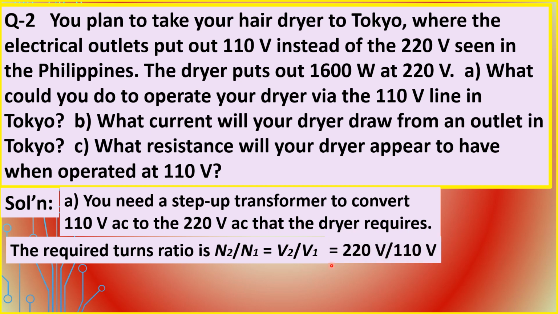That is, N2 over N1 is just equal to the ratio of 220 volts, which is V2, divided by 110 volts, which is V sub 1, and the required turns ratio is therefore equal to 2 or 2.0.